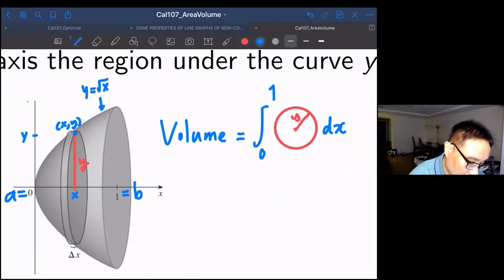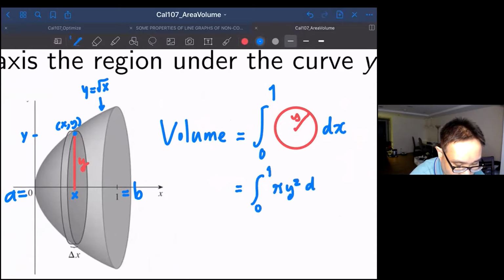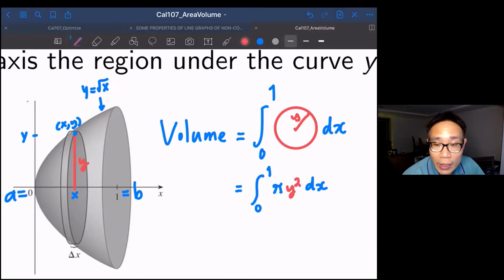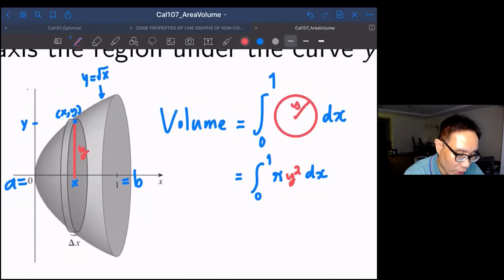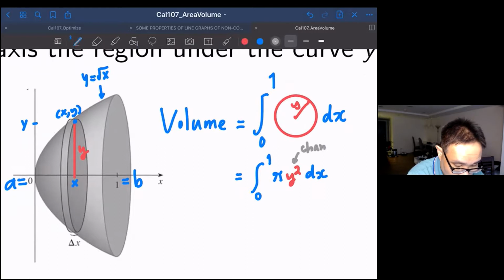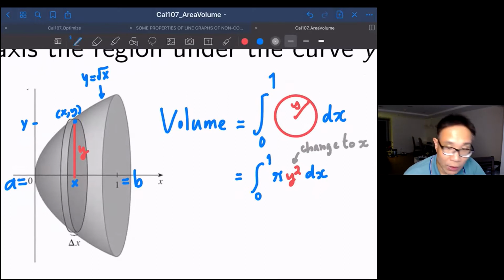So it's gonna be the integral from 0 to 1 of pi y squared dx. It's kind of easy like this first. And then you're not able to integrate yet because you have dx here, but this guy is y. So you need y squared in terms of x.